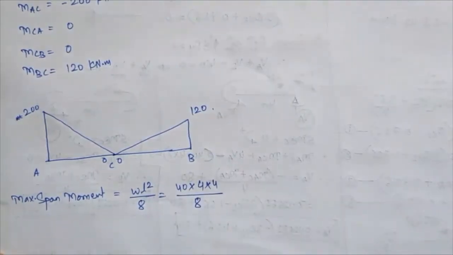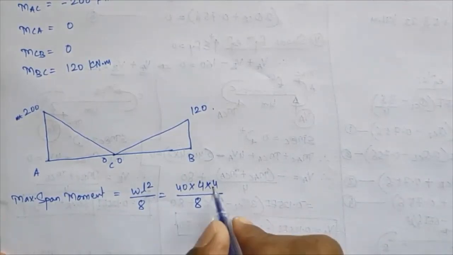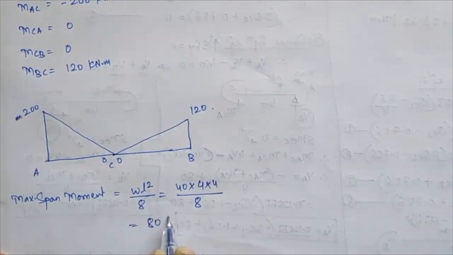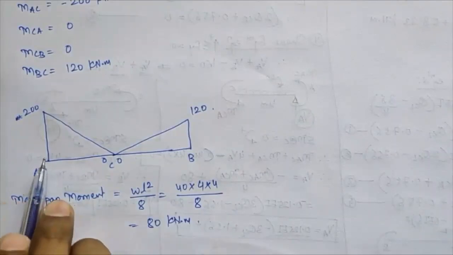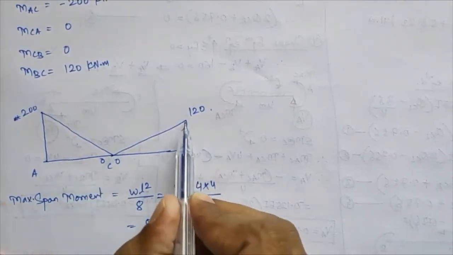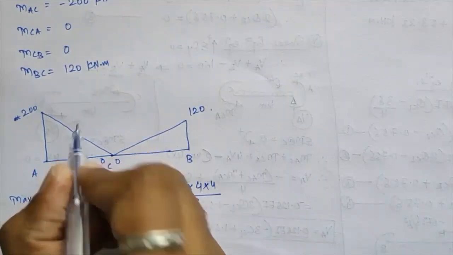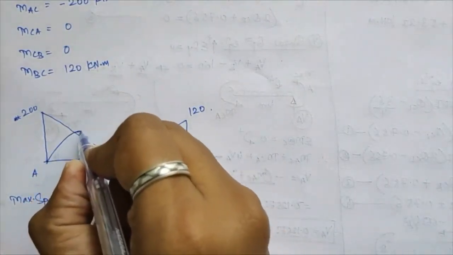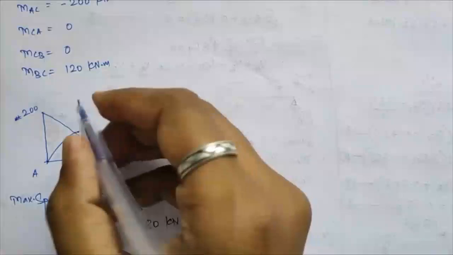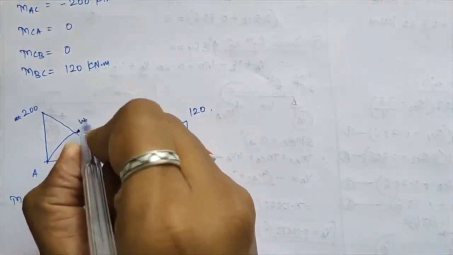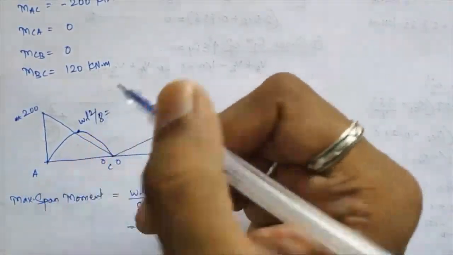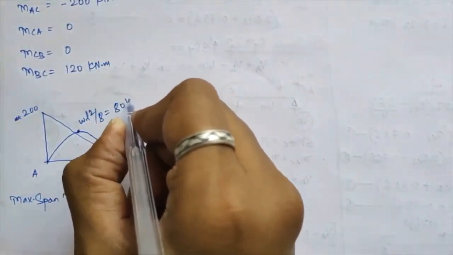If you calculate this, you will get the value as 80 kilonewton meter. So 80 kilonewton meter will be plotted here. Okay, so below 120 somewhere, here it will be 80, and that will follow a parabolic path. So WL square by 8 is equal to 80 kilonewton meter.